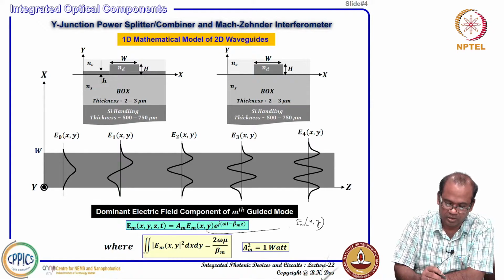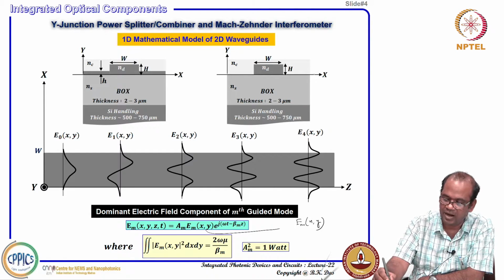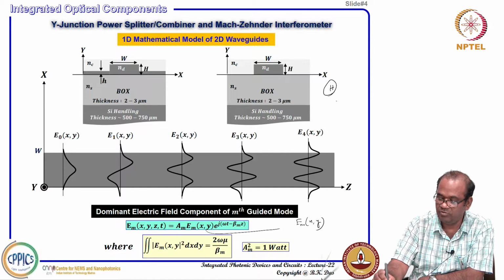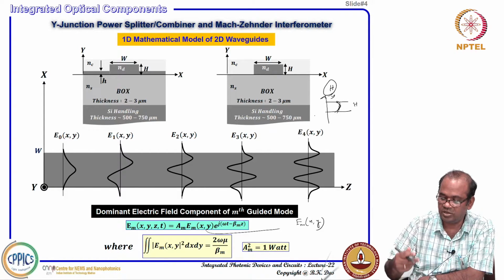However, I know that my height is adjusted such that in the vertical direction, the y direction, you will be observing only one standing mode. Standing means the round trip should be such that one peak will be there.